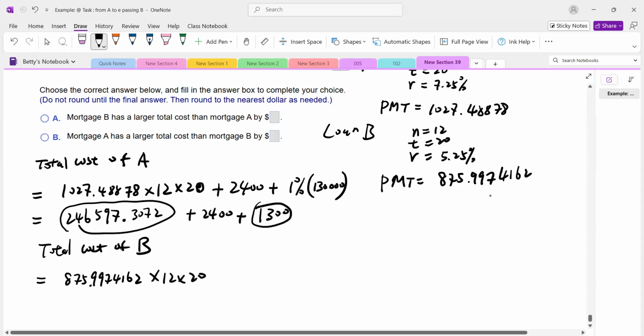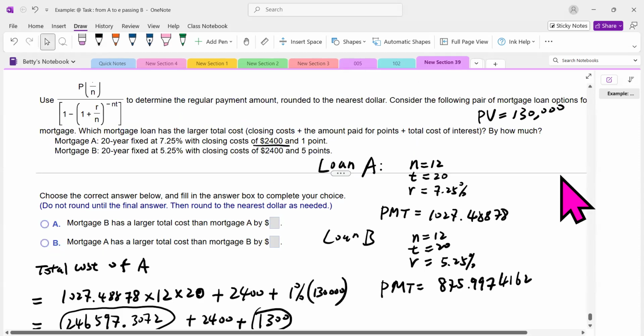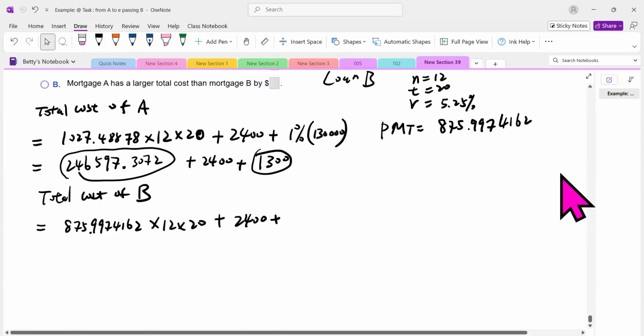That's the payment you pay the lender over the 20 years. Plus the closing cost, which is also 2,400. That is given. But the points, you pay 5 points. 5 points is 5% of the mortgage, which is 130 grand.